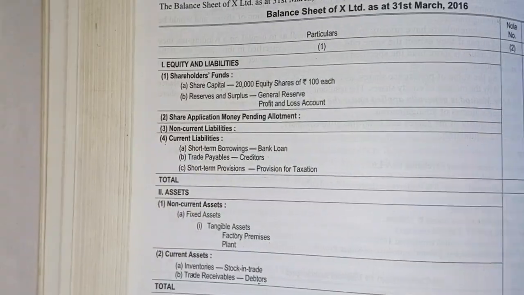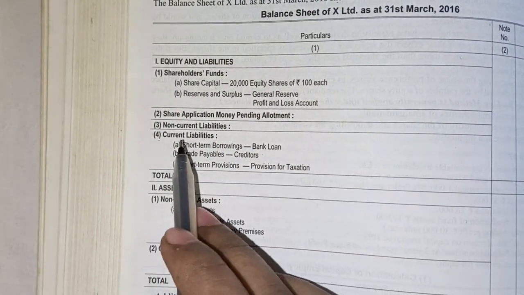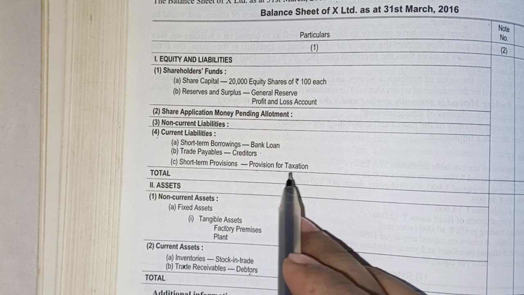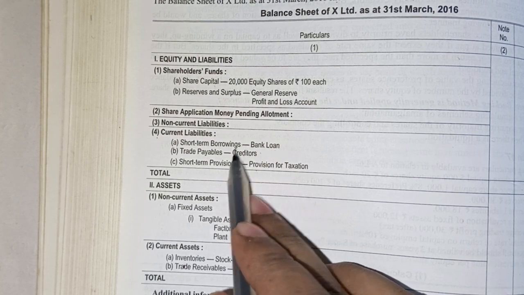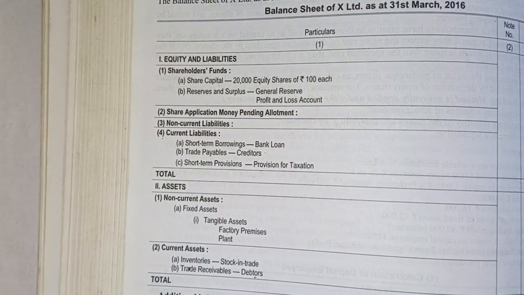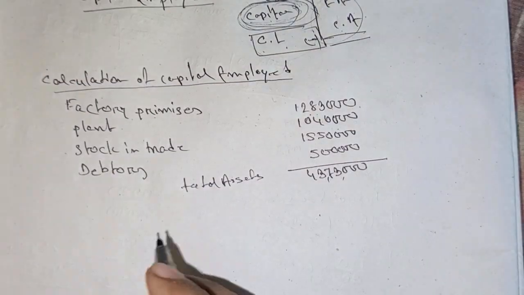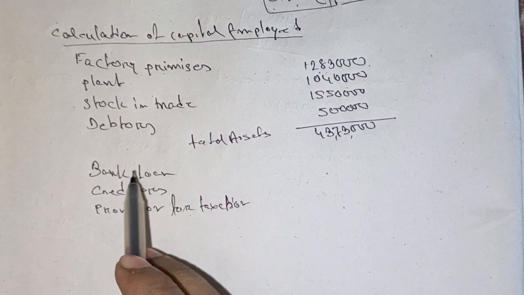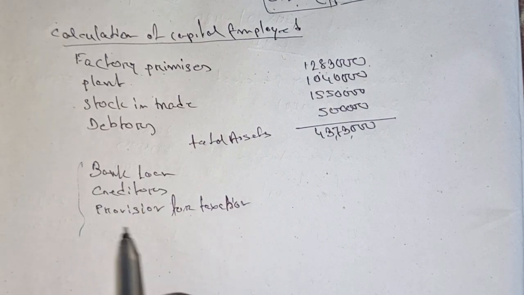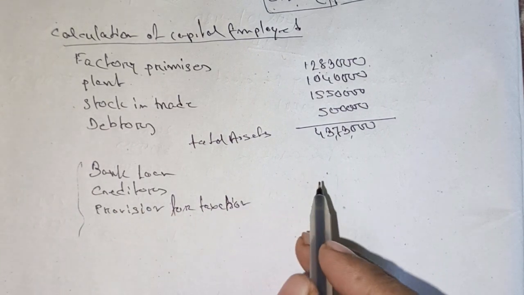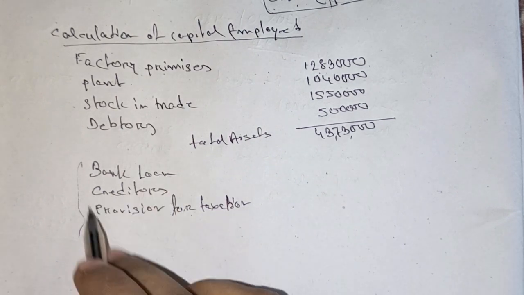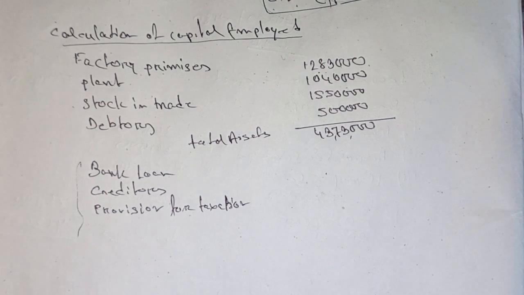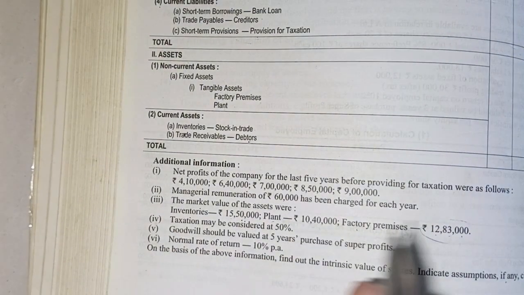So tell me, what current liabilities are given? Current liabilities given are bank loan, creditors, and provision for taxation. Only three items are given here. So write it down. I have written all of my current liabilities items. Now I have to put the values of these items. Remain same, we have to consider our additional information.